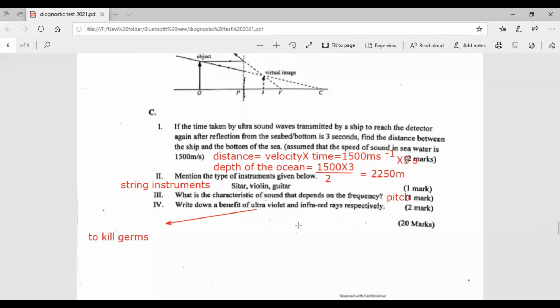Infrared: to send signals to television sets from the remote control.